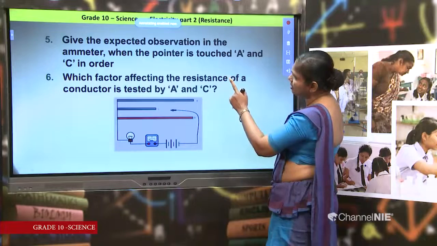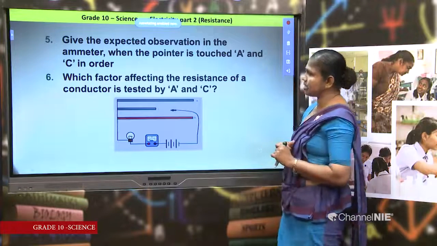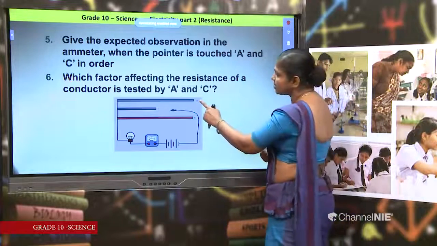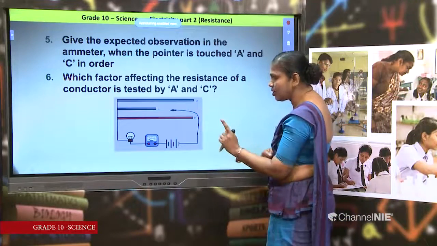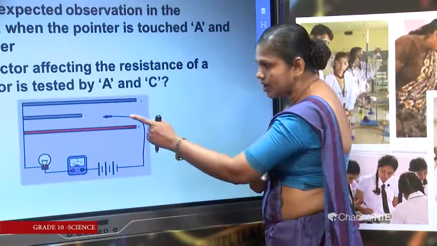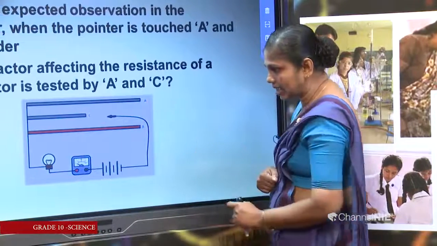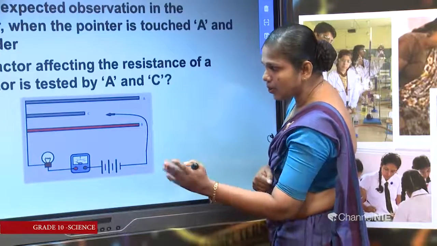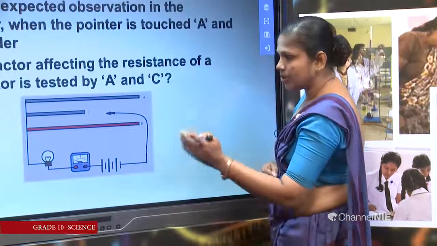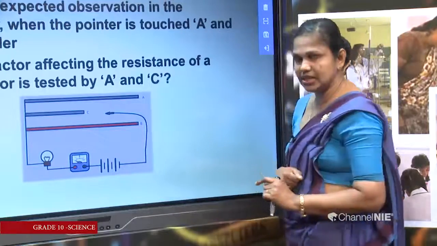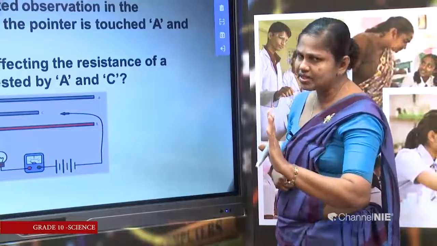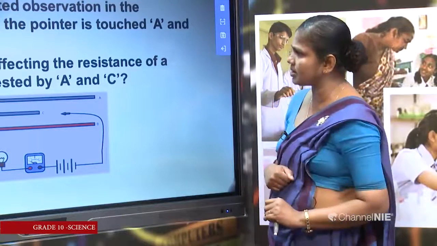Here you have to give the expected observation in the ammeter with contact at A and C. When the pointer is in contact with A, the ammeter reading is low. When it is in contact with C, the ammeter shows a greater reading.